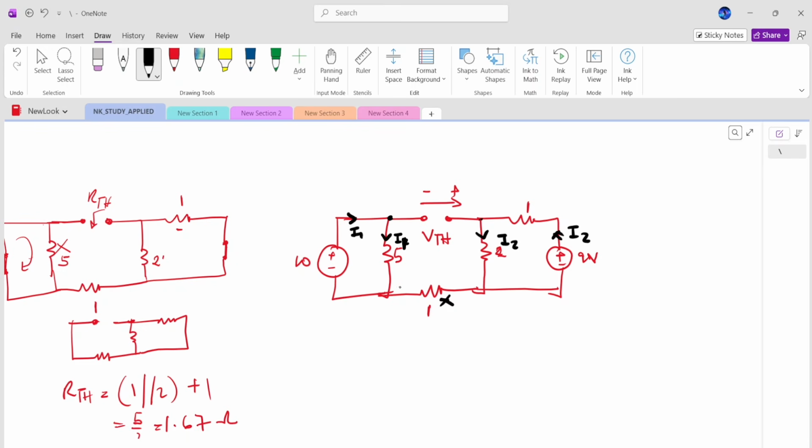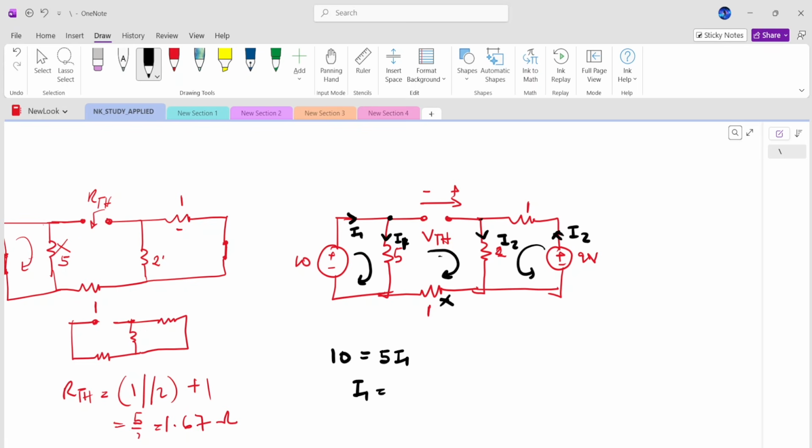We are going to write KVL equations around the loops and use that to find our VTH. So for the first loop, if I go with this loop, and this loop, and this loop, I can find my VTH. So the first loop, we know 10 will be equal to 5 I1.